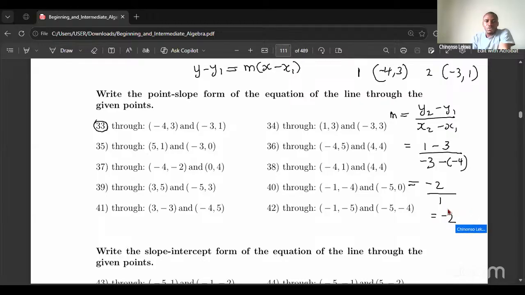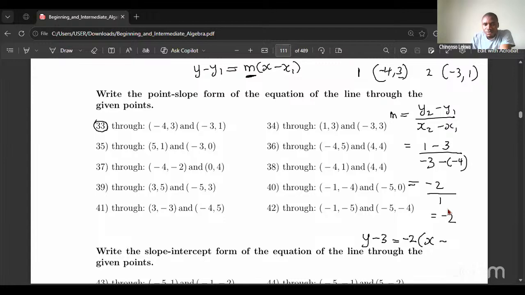By that, we've been able to get the slope, which is our m in the point slope form of the equation. So at this point, we just substitute values. We have y minus y1, and our y1 is 3. So we have y minus 3 is equal to, remember we found our slope to be -2, so -2, then we open a bracket, we have x minus our x1, which is -4.